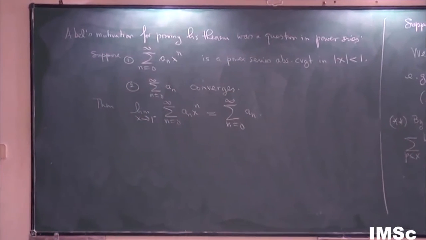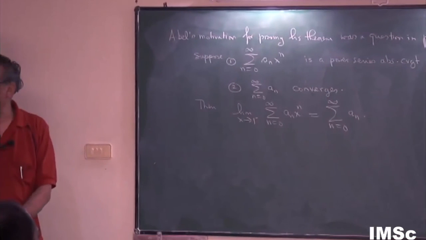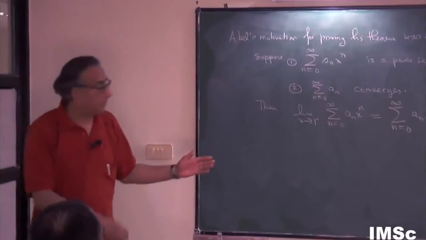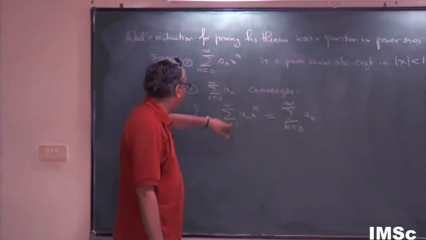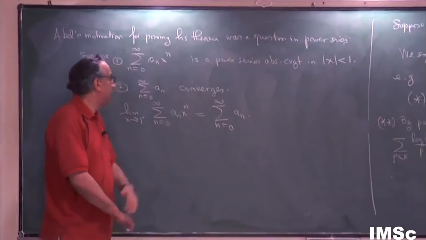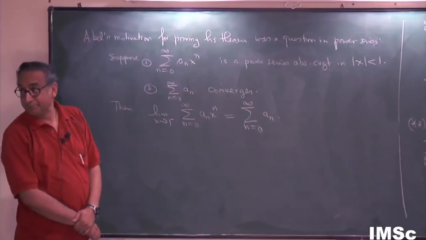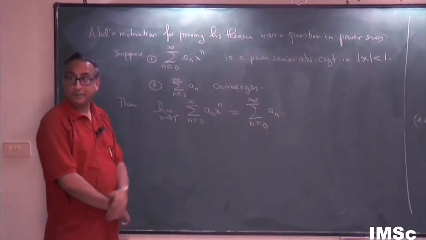You just can't plug in x equals 1 because that silly thing isn't defined there, or you don't know that it converges. But he says that the limit actually is fine, provided this thing converges.